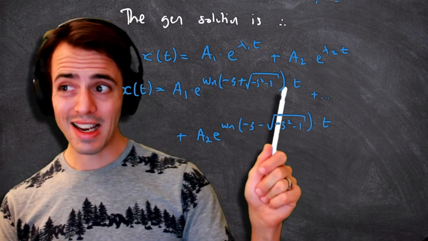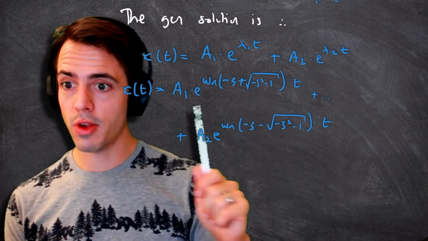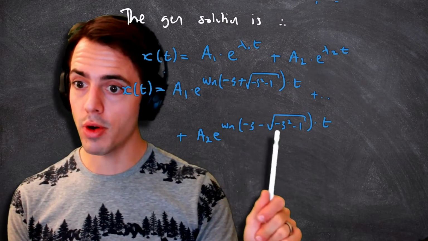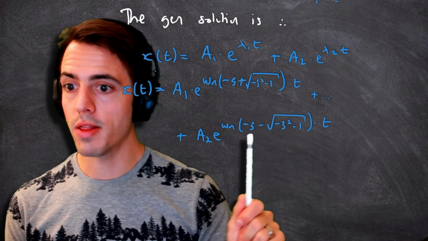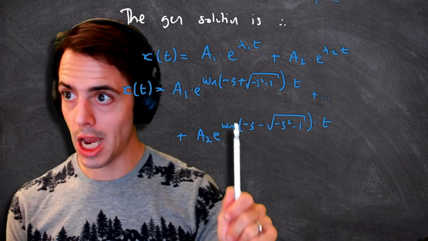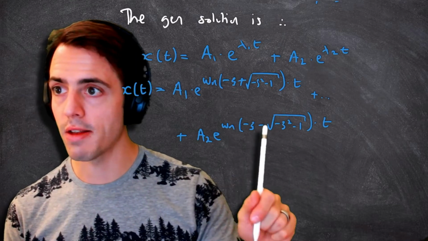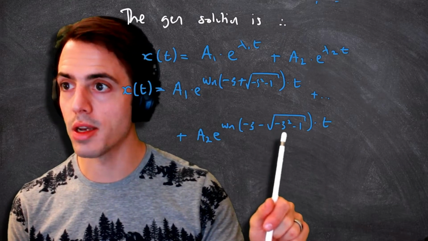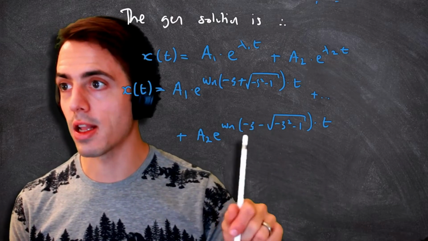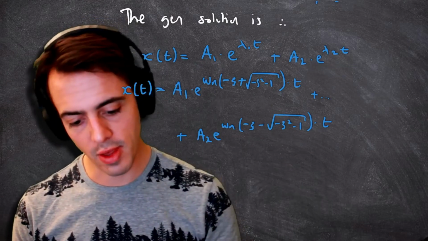If zeta is exactly equal to 1, these two are equal, so we'll have two real equal roots. And if zeta is less than 1, we have a square root of a negative number, so we have a complex conjugate pair of roots.